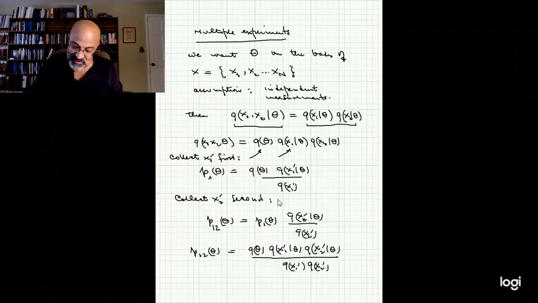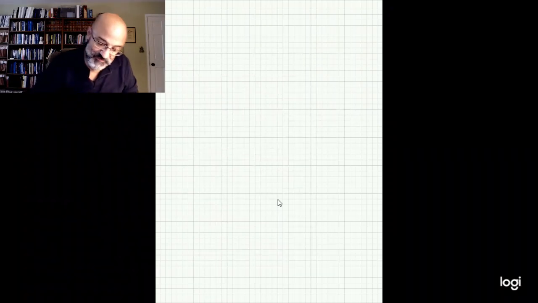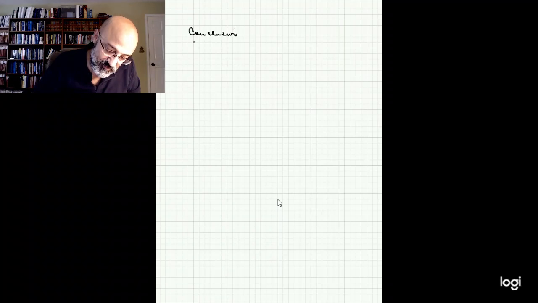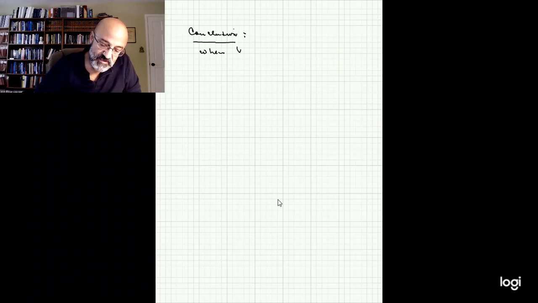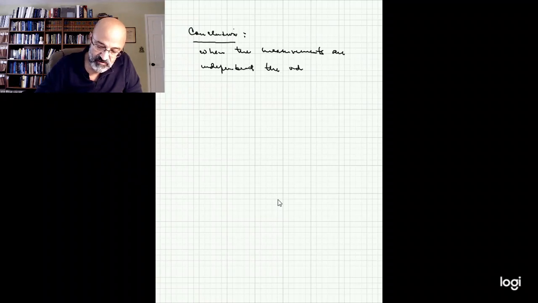So, conclusion. When the measurements are independent, the order of updates with Bayes' rule does not matter.